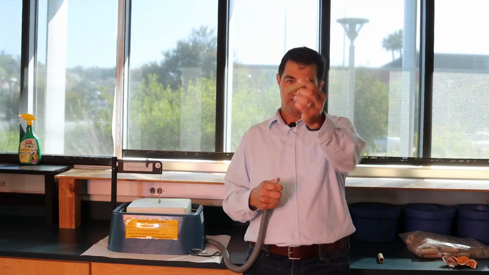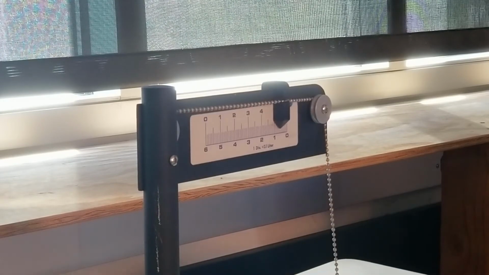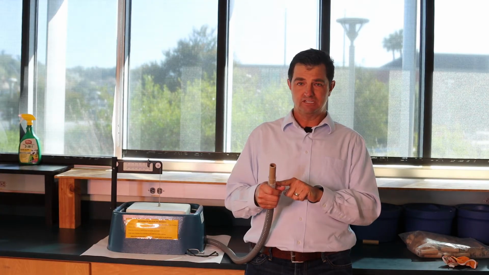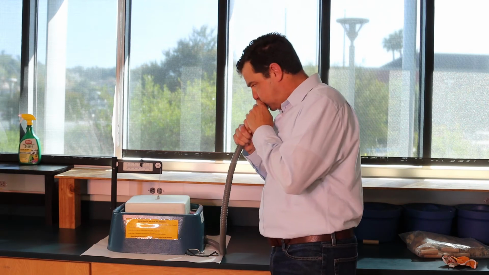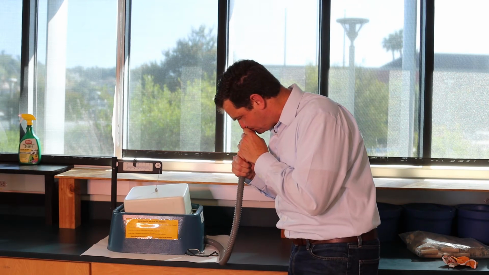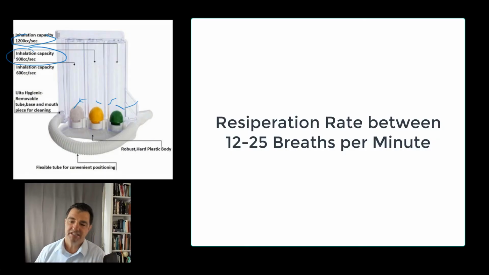And so I did this, and in my case, I have a tidal volume typically somewhere around 500 to 600 milliliters of air, and then a maximum exhalation volume of around 6,000. Sometimes I get up to 7,000 milliliters of air in a maximum exhalation breath. And my respiratory rate tends to sit around 16 breaths per minute.